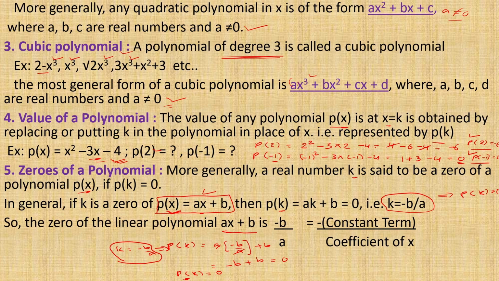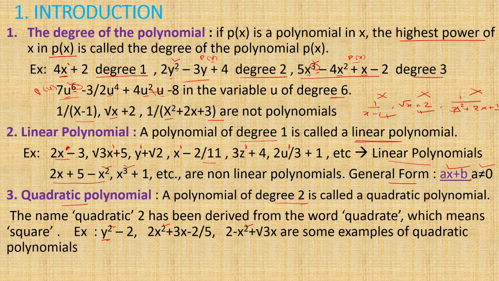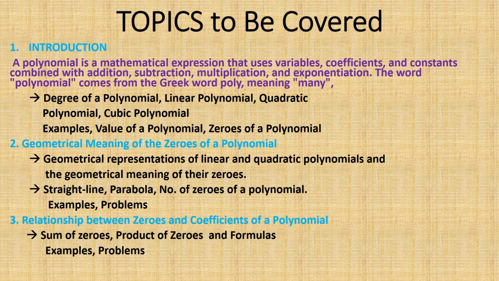Okay friends, in this introduction we have covered 5 topics. First one, the definition of the polynomial. What is the definition of the polynomial? A polynomial is a mathematical expression that uses variables, coefficients, and constants combined with addition, subtraction, multiplication and exponentiation.